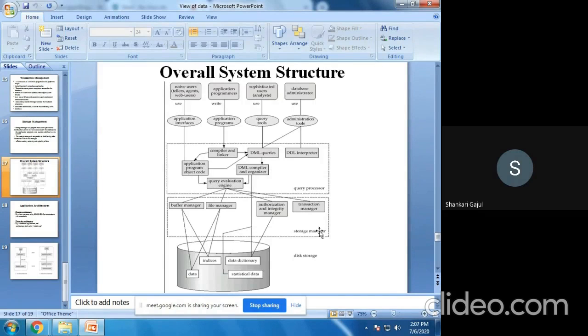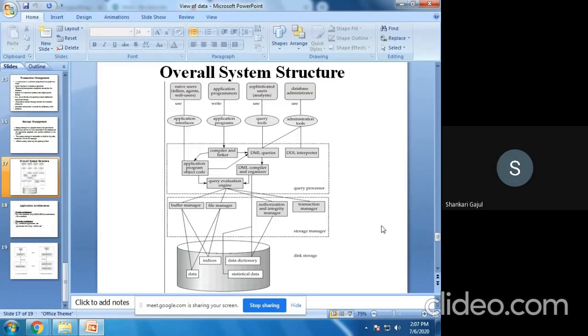So what about the storage manager? The storage manager is the one that stores any kind of data in the database.